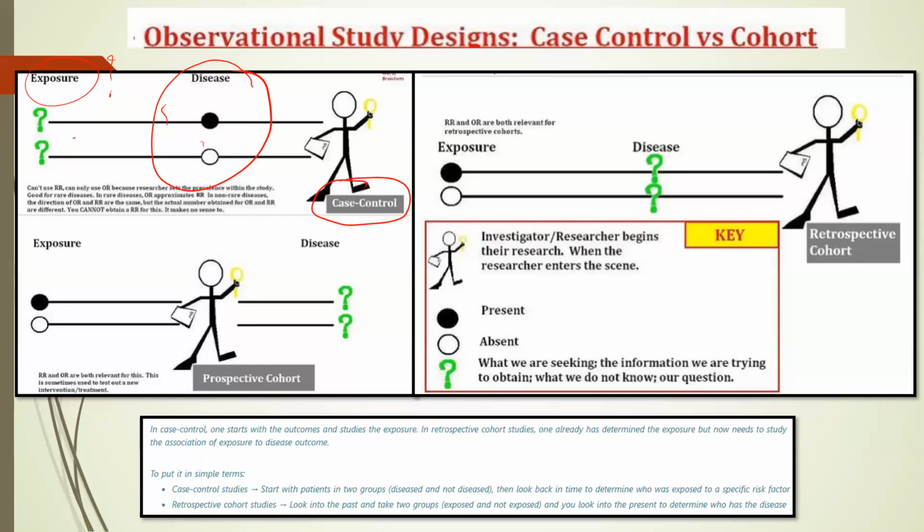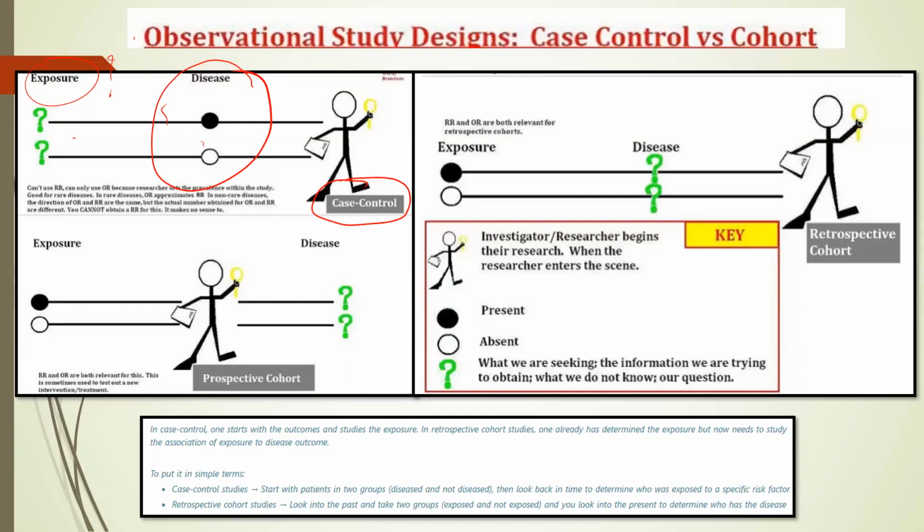And then based on the odds ratio, you try to interpret whether the association is significant, whether the association has resulted in the disease, whether the association was protective, or whether there was no association at all. Remember, this interpretation is made based on the odds ratio value. Clear?